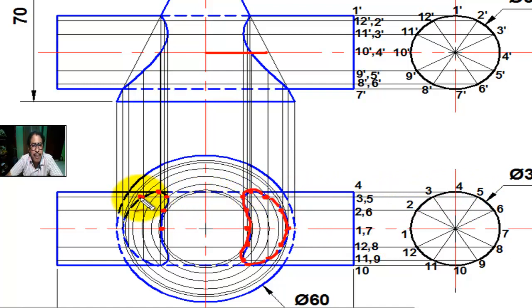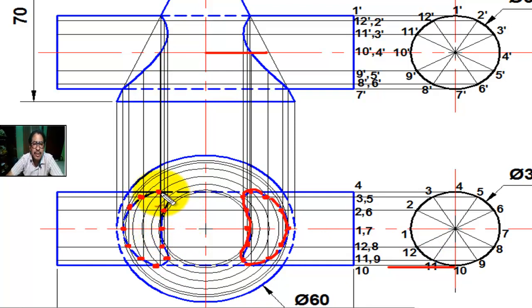From 5 it cuts 5 number circle. From 6 it cuts 6 number circle. From 7 it cuts 7 number circle. From 8 it cuts 8 number circle. From 9 it cuts 9 number circle. From 10 it cuts 10 number circle. From 11 it cuts 11 number circle. From 12 it cuts 12 number circle.